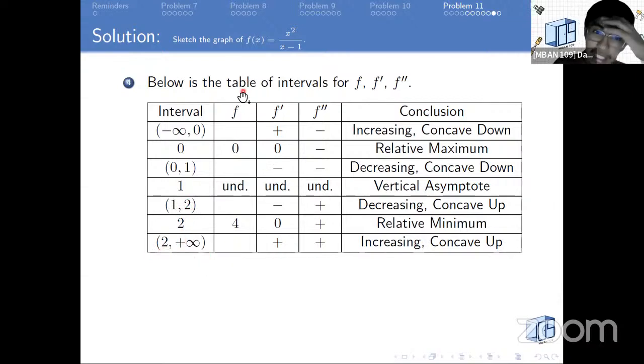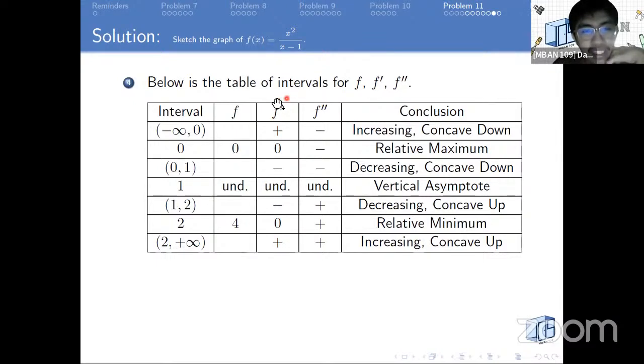Tapos ilalagay mo f, f prime, f double prime, tas yung conclusion. Clearly, nakuha natin kanina yung intercept, 0, 0, yung nag-iisang intercept. Tapos, at x equals 1, undefined siya dahil yun yung vertical asymptote natin. At x equals 2, kayo nang bahala kung ba't naging 4 yan.